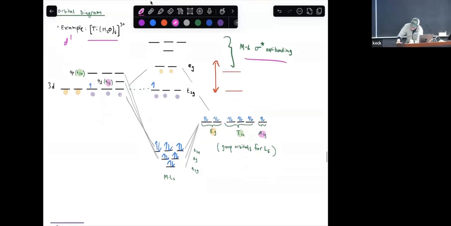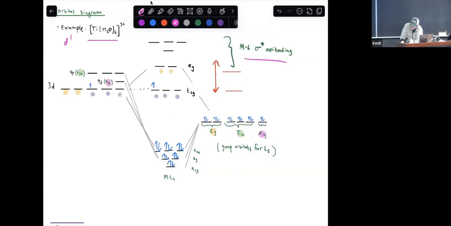Okay, so let's walk through how these SALCs that we just constructed above are going to interact with the corresponding d, s, and p orbitals of the metal. The first thing to appreciate is that the orbitals on the metal are higher in energy than the SALCs. Why?